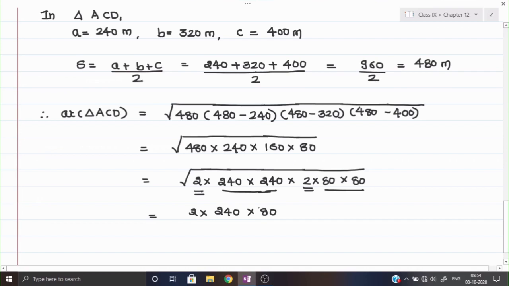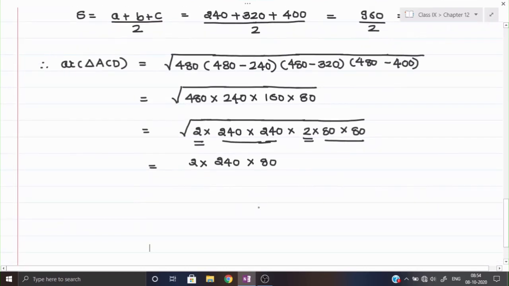Okay, so now if we go a little further, 2 into 240, that is 480 multiplied by 80. So 48 into 8, that we shall find out. 8 8s are 64, 4 carries 6, and 8 4s are 32 plus 6, it is 384.